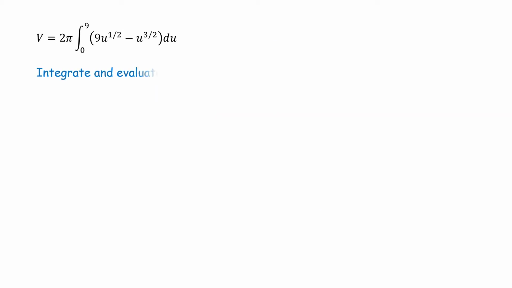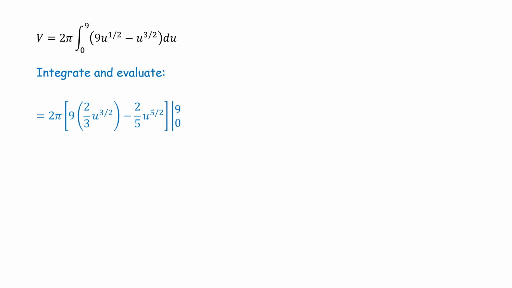Let's integrate and evaluate. The 2 pi is the constant. 9 times the integral of u to the 1/2, that would be u to the 3/2, and the constant associated with that would be 2/3, minus the integral of u to the 3/2, add 1 to 3/2, that'll give you 5/2, so u to the 5/2, and the constant associated with that would be 2/5, and we evaluate that from 0 to 9.